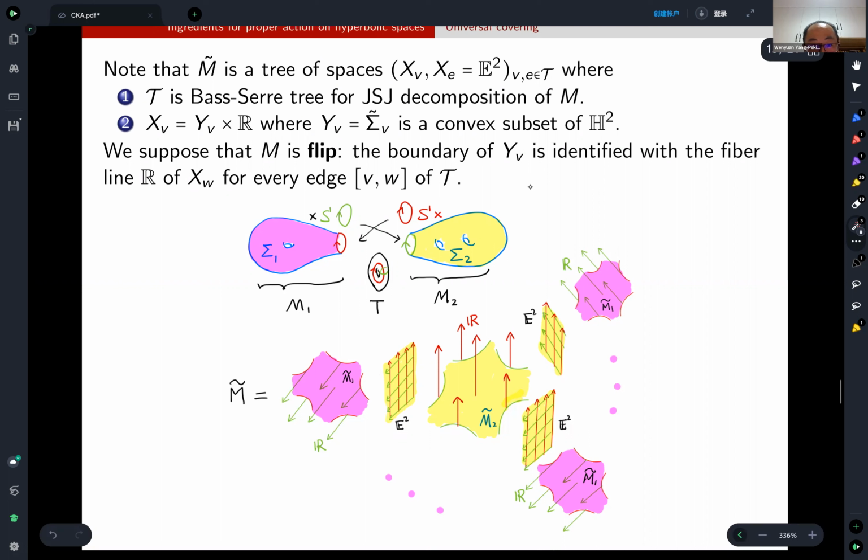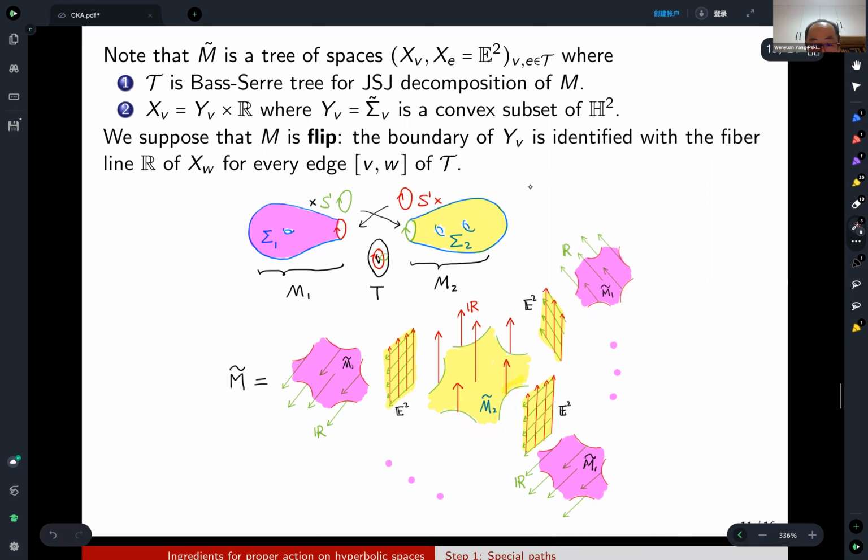Here they are orthogonal, because we take this flip condition: we swap the fiber and the boundary components. So this is the picture of the universal covering of a graph manifold.